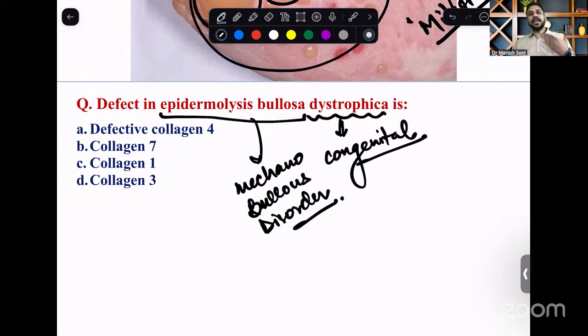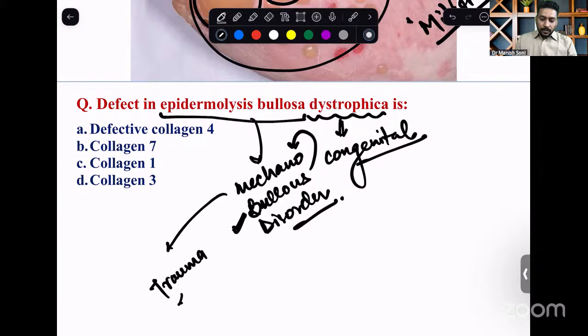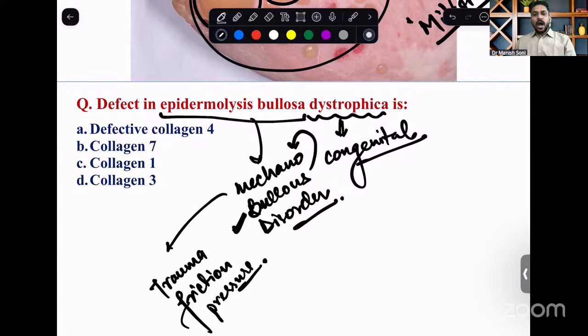Why do we call it a mechanobullous disorder? Because in this disorder, bullous lesions, that is fluid-filled lesions, start developing at the site of mechanical trauma, friction, or pressure handling. So how is the clinical presentation mentioned in the question?